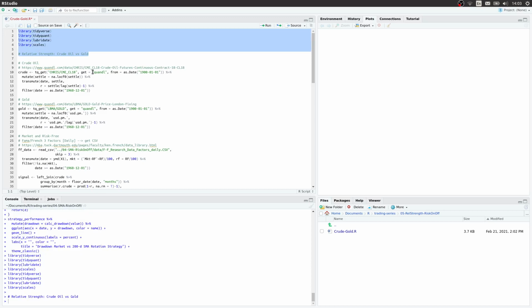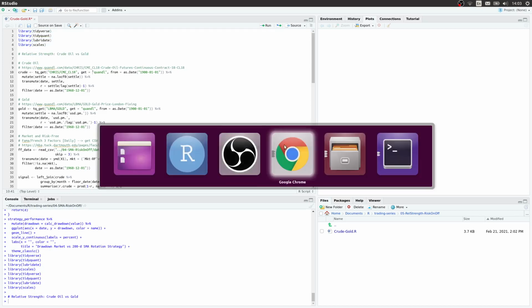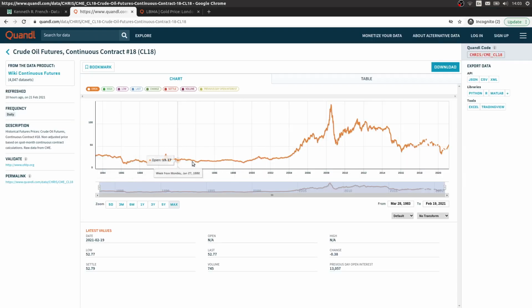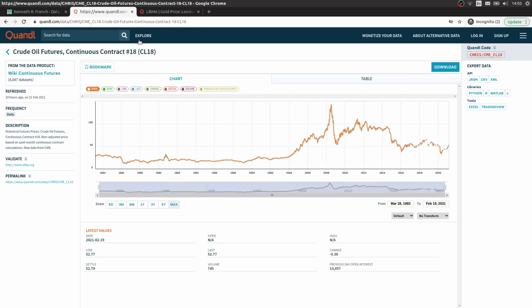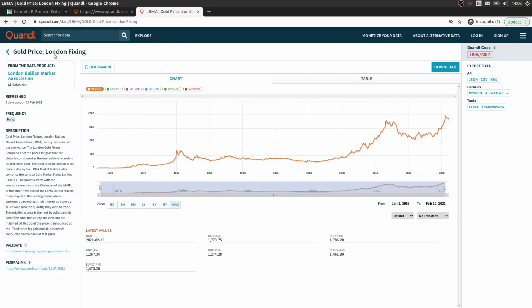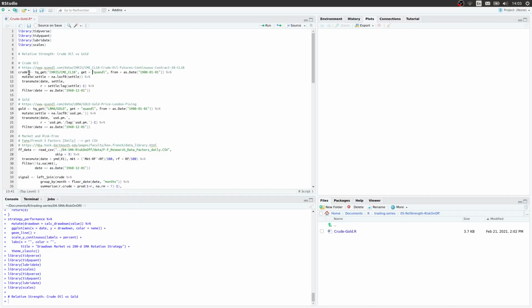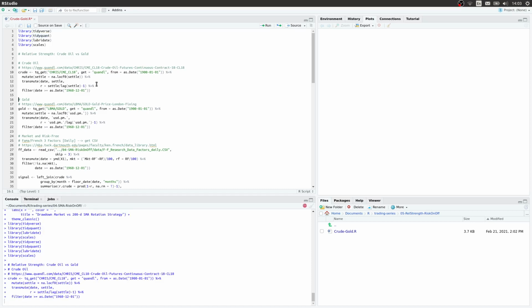So I'm going to use data from Quandl. If you don't know, Quandl is a free or much of the data available there is for free. There's also paid data that I have never used myself, but you find crude oil, a continuous futures contract, and you find the gold price, and you can load it directly with tidyquant into R. So that's what I'm doing here.